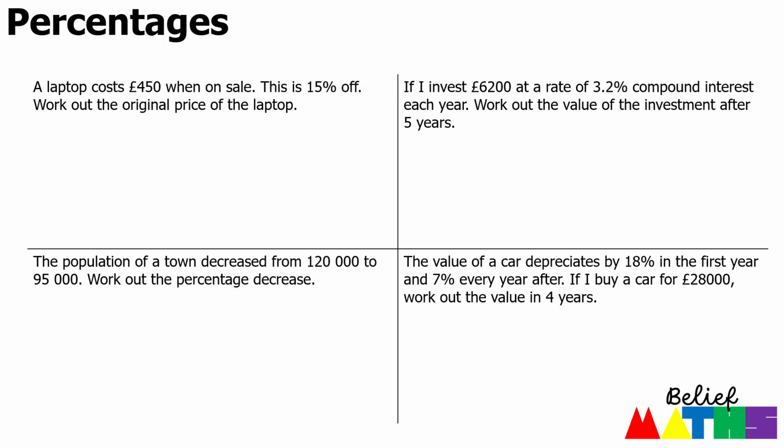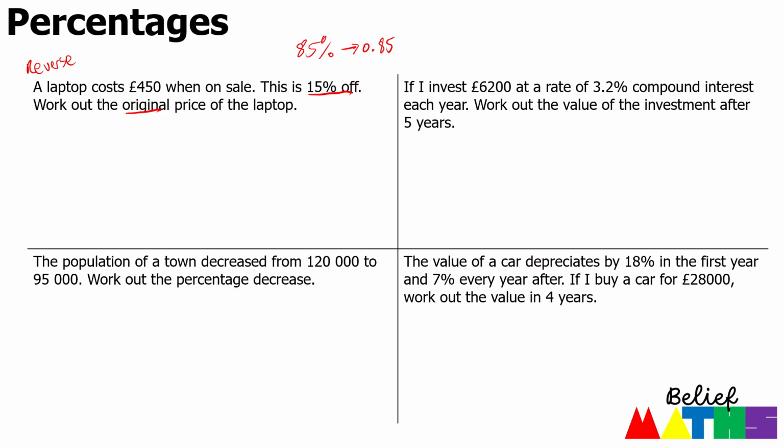Now, we can be asked percentages in a lot of different contexts. This first one, we're asked to find the original price. So that was that hint that we're going to do reverse percentages. So we're going to start with our multiplier, 15% off. That means we're left with 85%, which is 0.85 as your multiplier. Now, because we're going backwards, the only time we do this with a multiplier, when we're doing reverse percentages, we're going to divide by our multiplier instead.